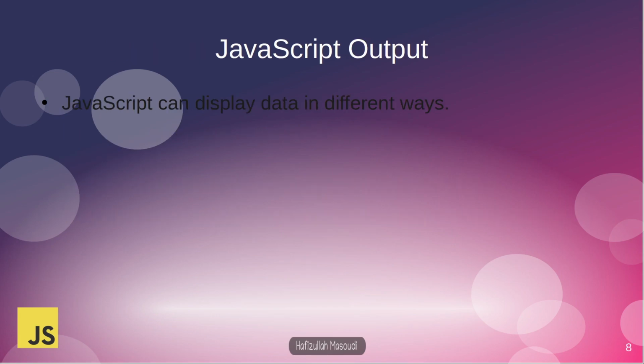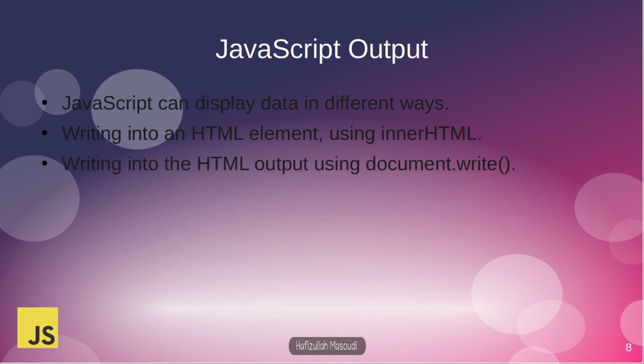So now we have the JavaScript output, so where it outputs the data. As you know already, JavaScript is in your browser, so it can display data in different ways. It can display data in an HTML element using the innerHTML property, and it can also write data into HTML output using document.write.